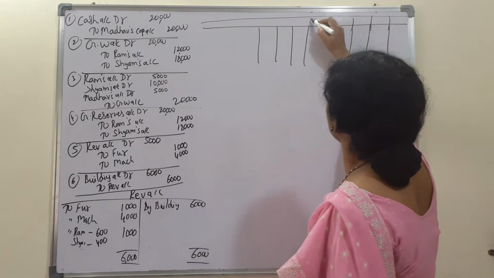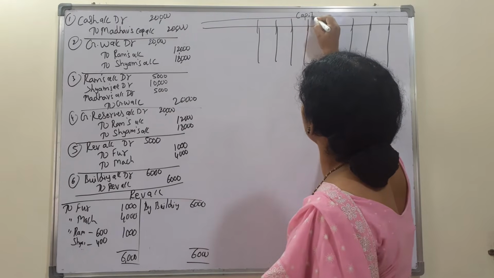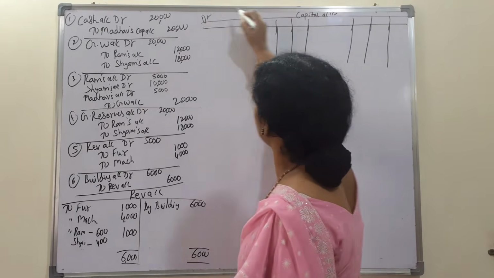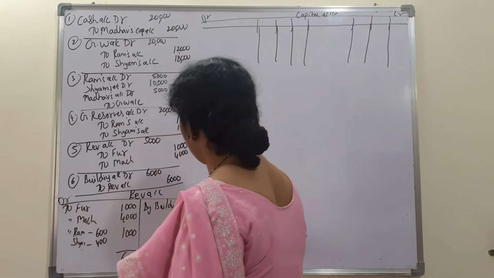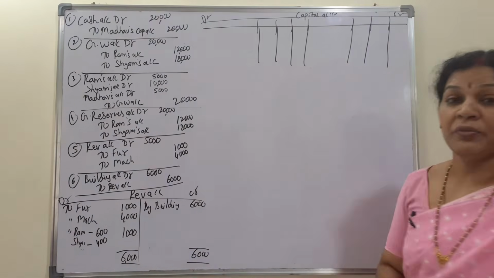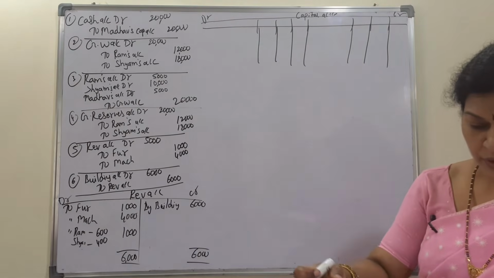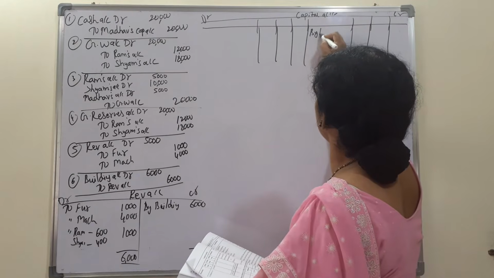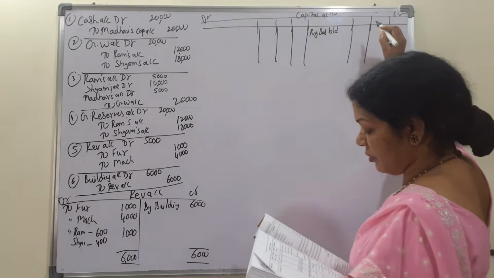Capital accounts. Debit, credit. Here also debit and credit. Now capital account will start with the opening capital. Opening capital of the partners is here. Ram is 20,000. By balance brought down. Ram 20,000.